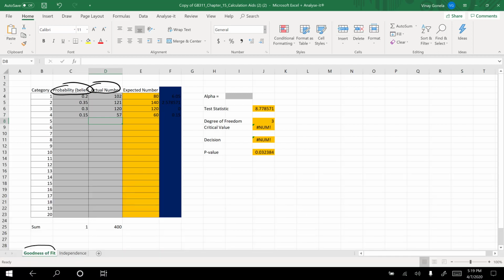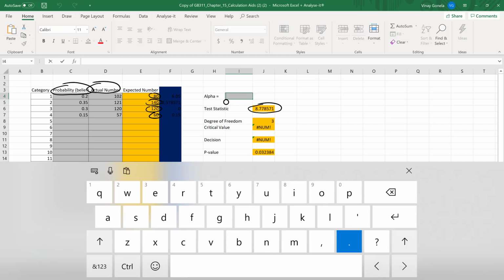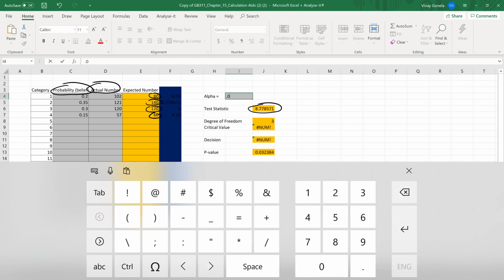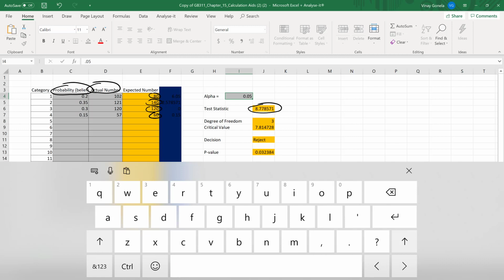If you see again, we have our expected values for each one of them: 80, 140, 120 and 60. The total is 400. And then we got our test statistic, and then we need to enter the alpha value. Alpha is 0.05. Once I enter it, I get my critical value.